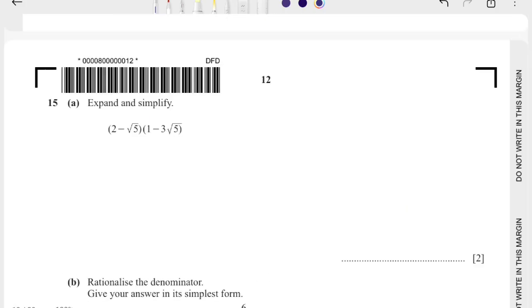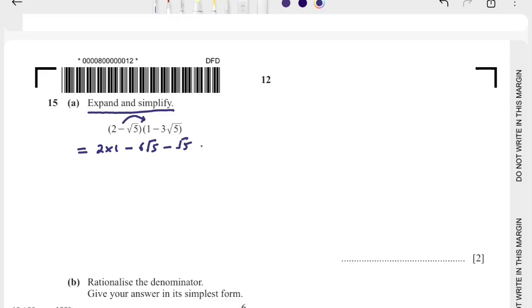Question number 15. Expand and simplify. So we have to multiply 2 by 1 and 2 by minus 3 under root 5. It will be minus 6 square root of 5. Then minus 5 under root with 1. It will be under root 5.